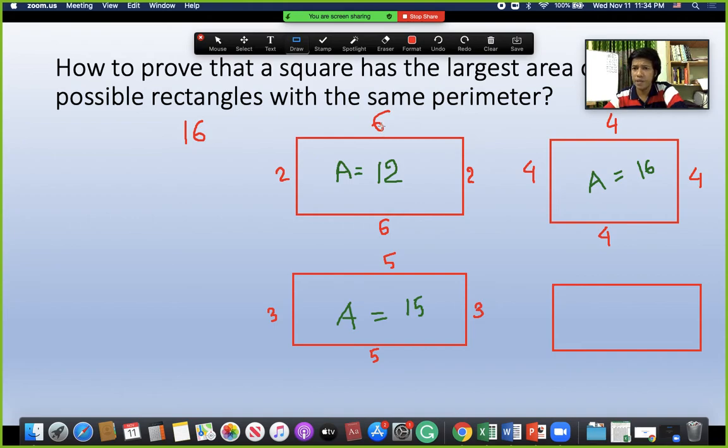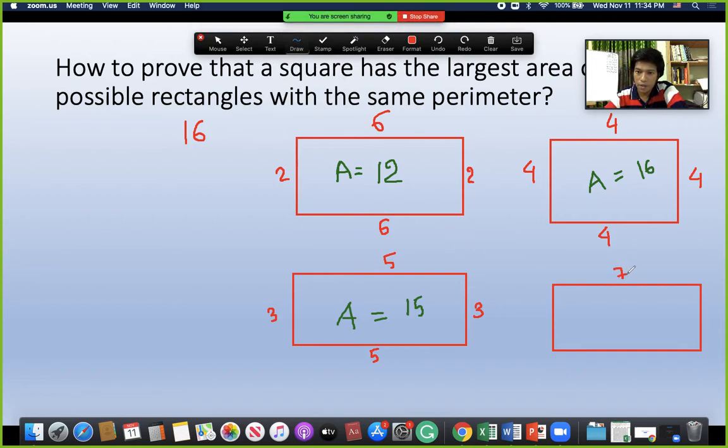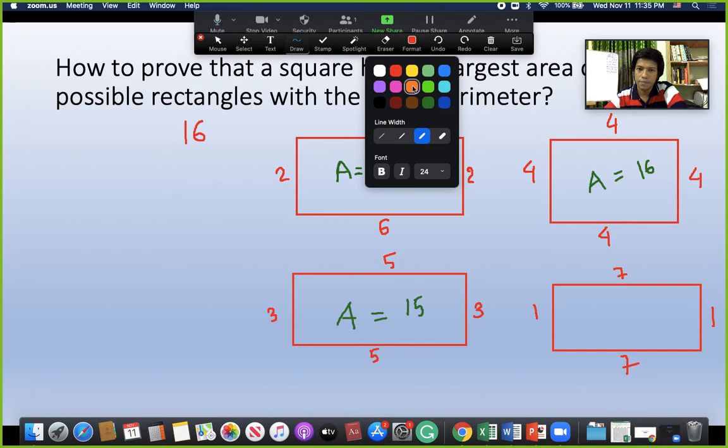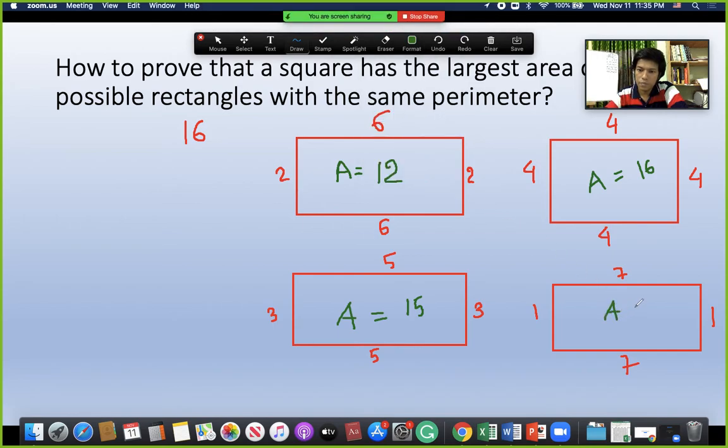Suppose you write 7 and 7, what does it become? So 7 and 7 means the total is 14, and we can give here 1 and 1, total is 16. So what is the area here? 7 into 1 is 7.